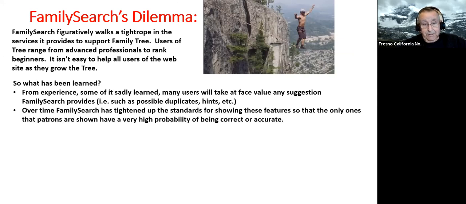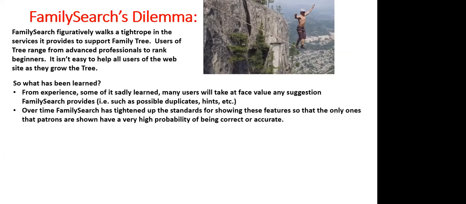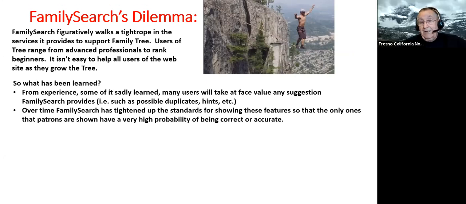Okay, well, over time, FamilySearch has learned to tighten up their standards for things like hints, possible duplicates, and things like that, so that the ones that you now see are really only those that have a very high probability of being correct or accurate.